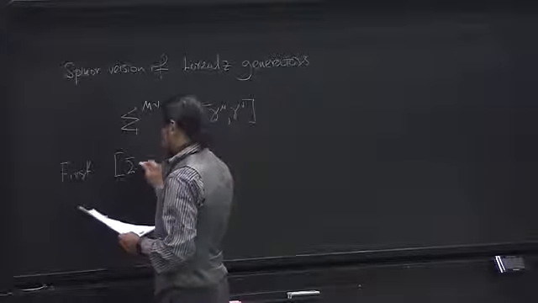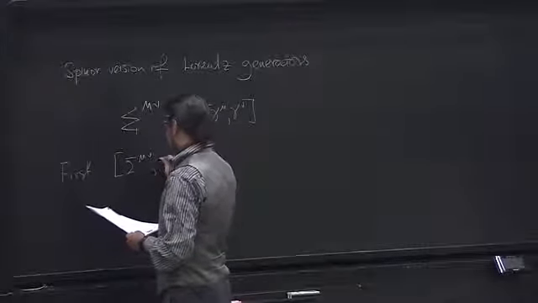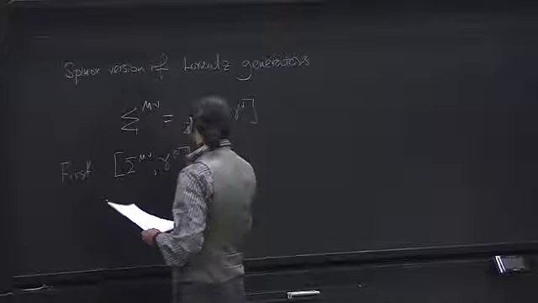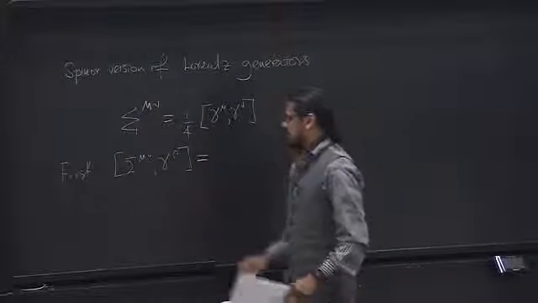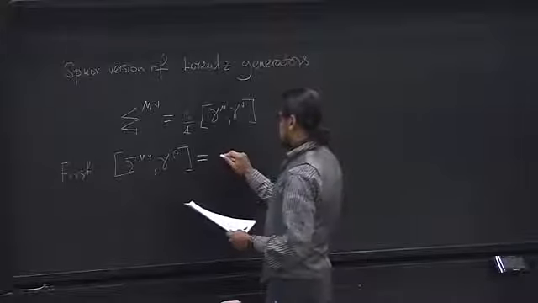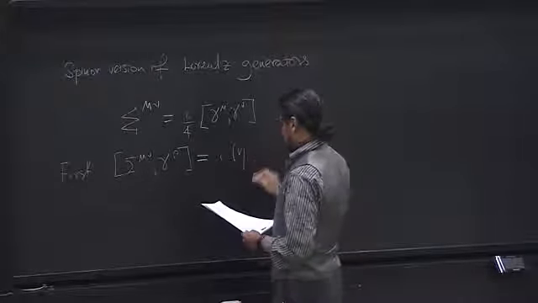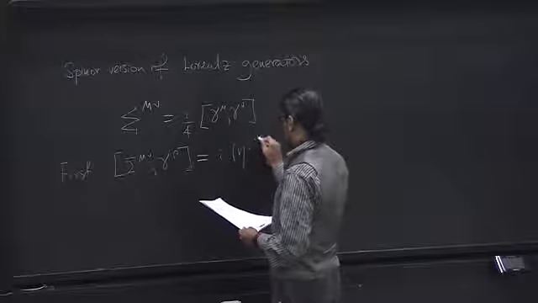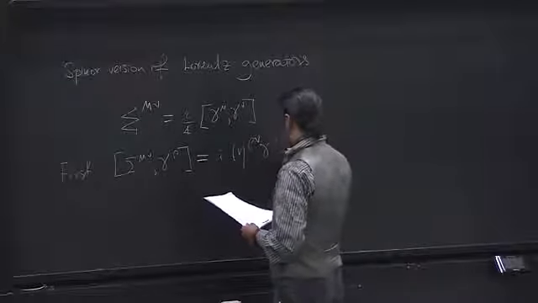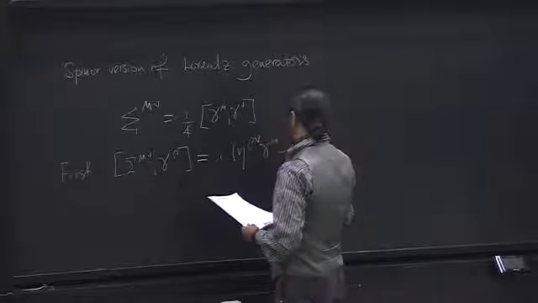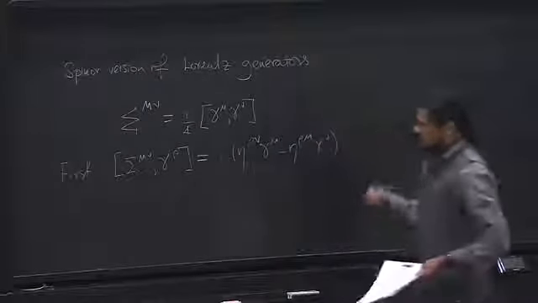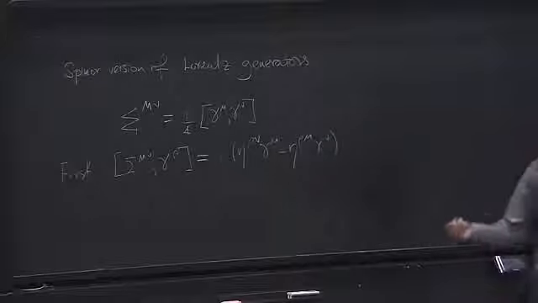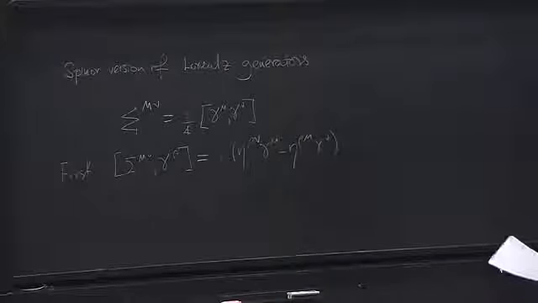So first, show that the commutator of sigma with a gamma matrix is this. This equation actually has a geometric meaning, but I will come back to that in the next lecture.